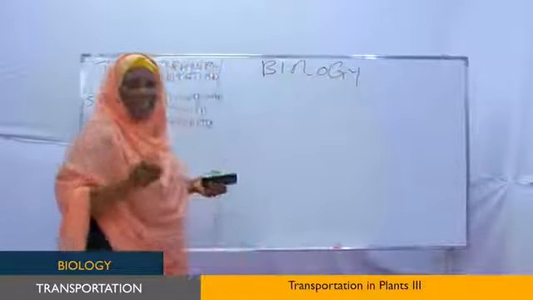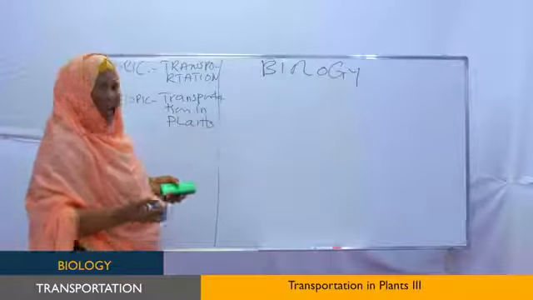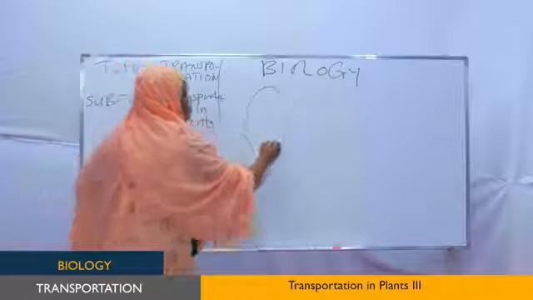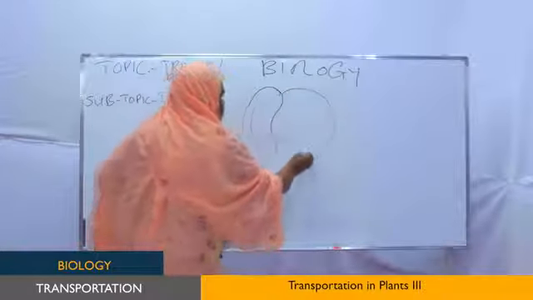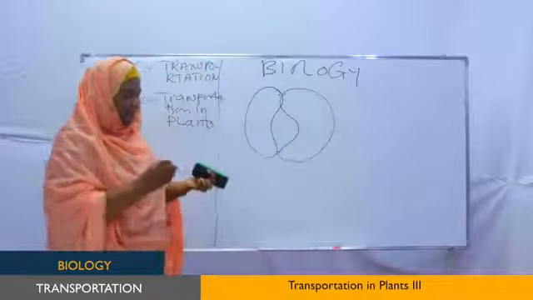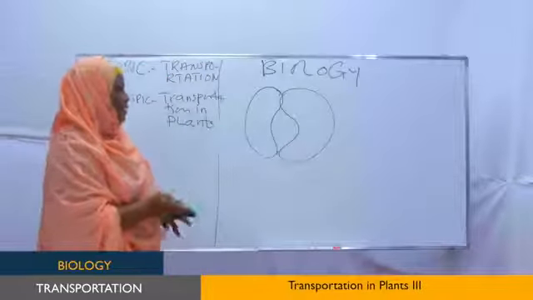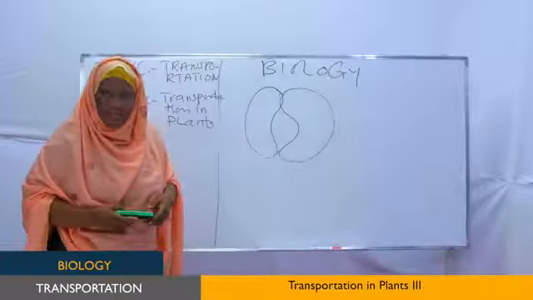We know that it is made up of guard cells, 2 guard cells. These 2 guard cells look like a kidney or bean-like structure.